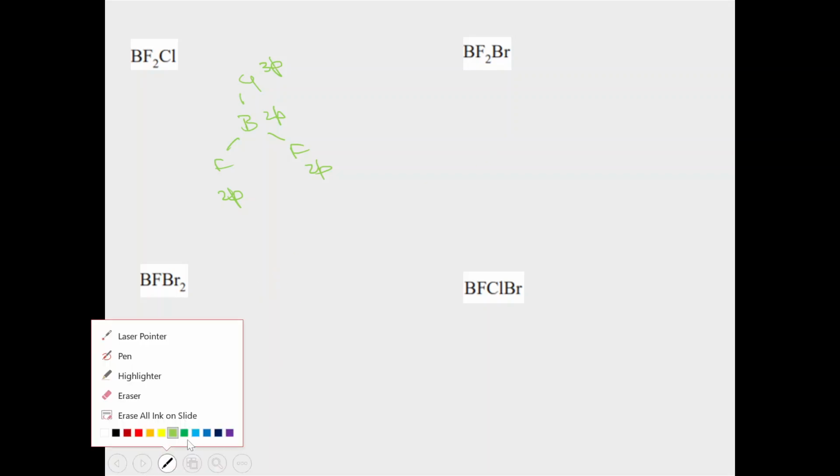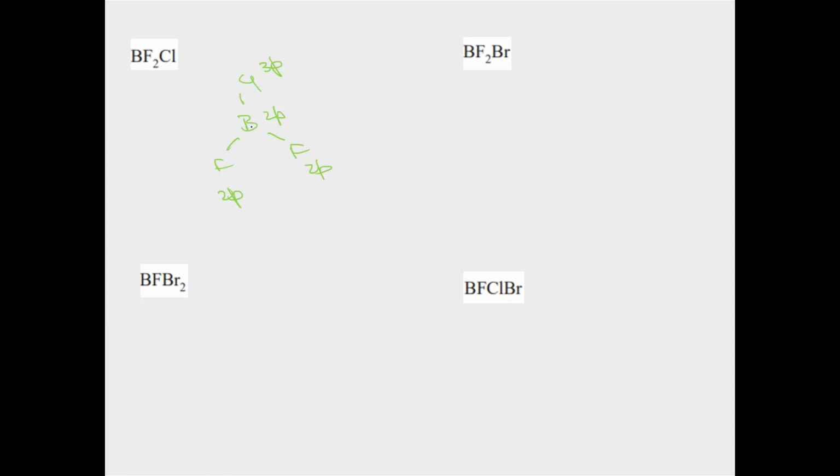These are the complexes which are given. First is BClF2. In this case, boron and fluorine are 2p, but chlorine is 3p. So here the 2p back bonding will be better than the 3p back bonding.